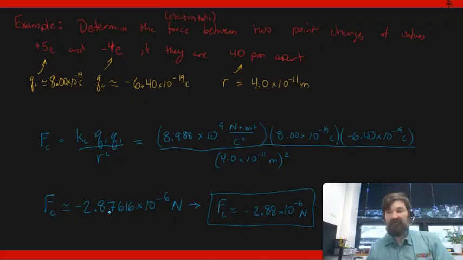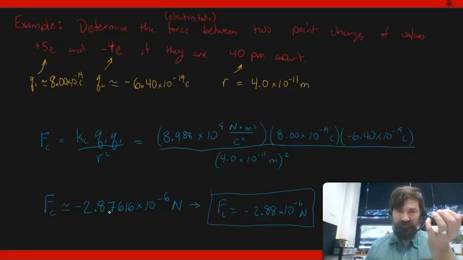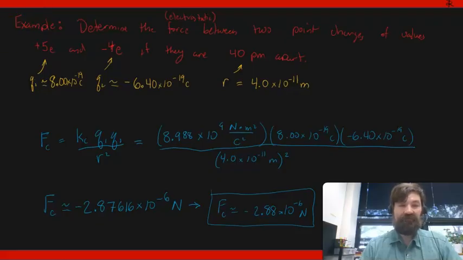Now, the minus sign is important if you're trying to figure out direction, but it really makes sense only to figure out what direction this is going to be acting on each charge individually. And I will make another video that will discuss that in a little more depth. It becomes important when you're dealing with more than just two charges interacting. But for today's video, that's probably sufficient.